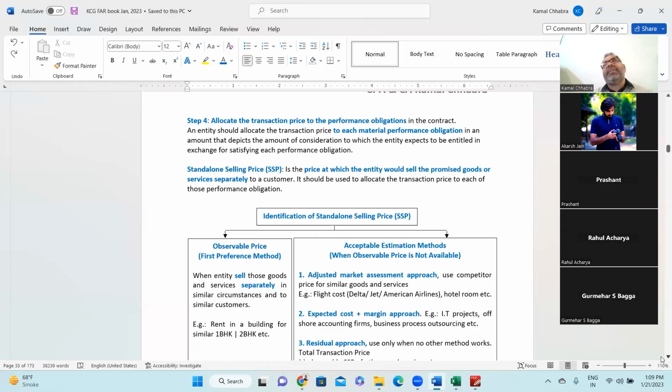How do you identify the standalone selling price? There are certain methods for identification of standalone selling price. In some scenarios it is not very clear what the standalone selling price of the respective product or service should be.